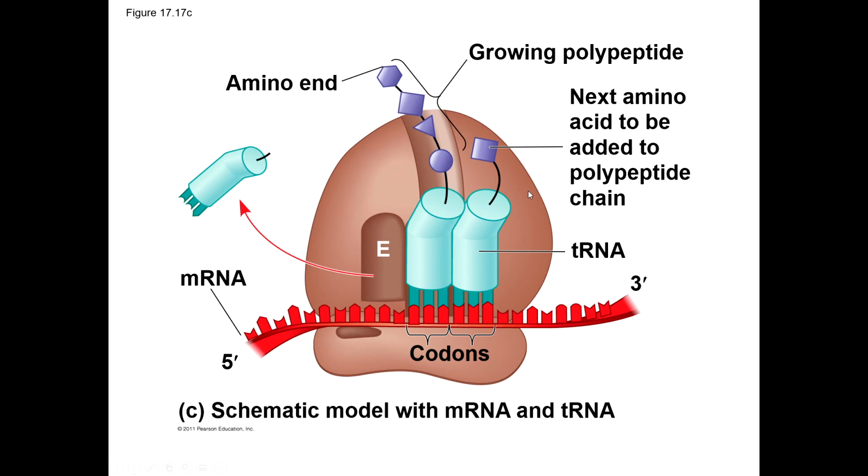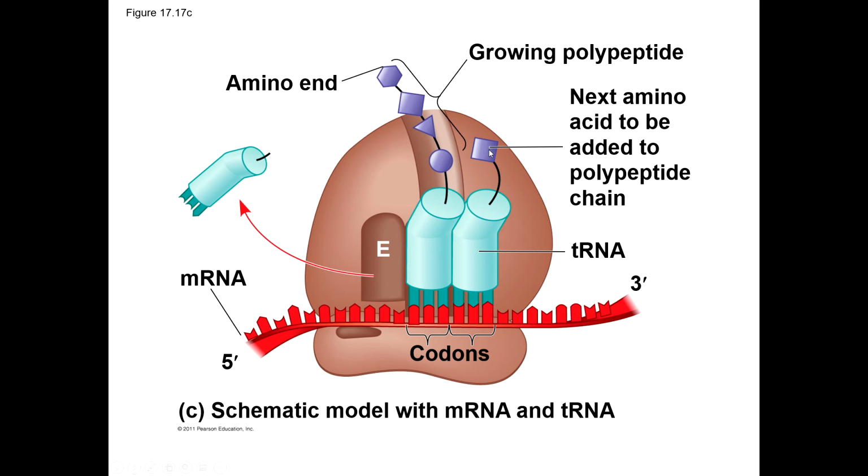So let's take a look at this again. And now we see, remember the EPA. So we have the A site here, the P site here. And to start with, in initiation, we have to have at least a transfer RNA loaded on the P site. And then the incoming comes to the A site.